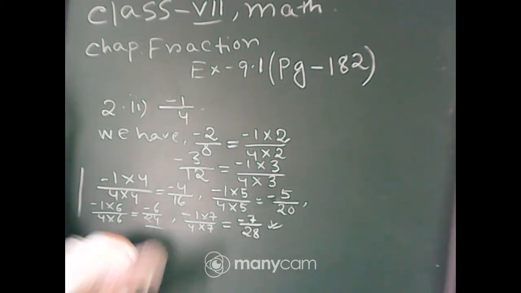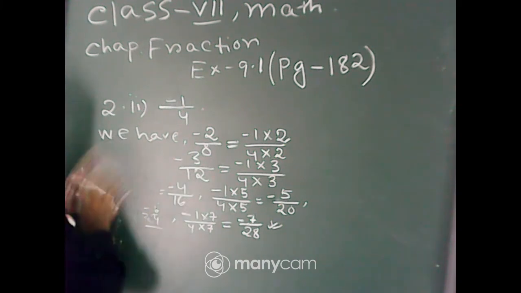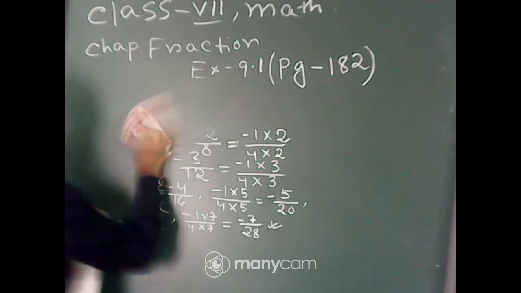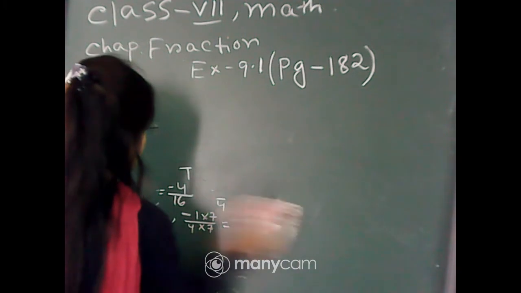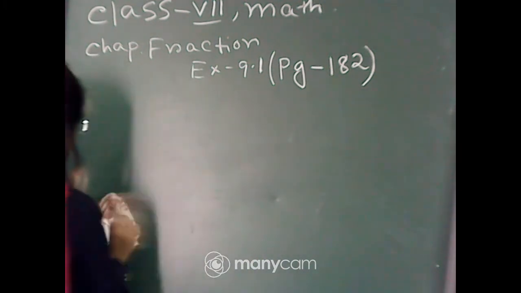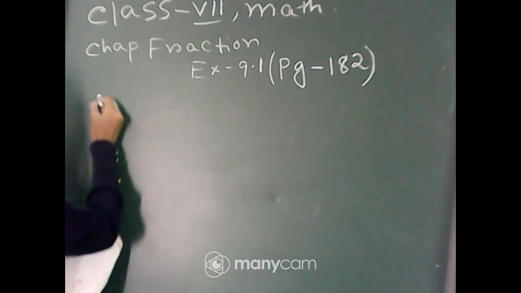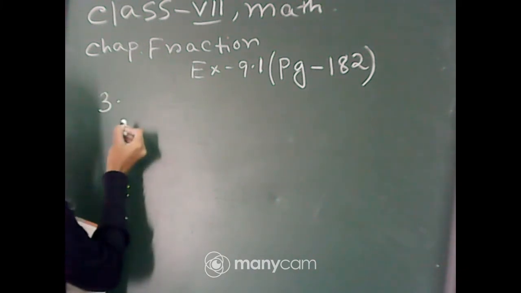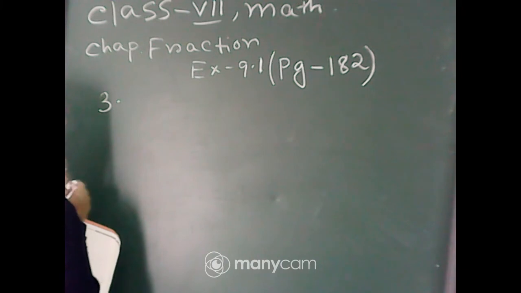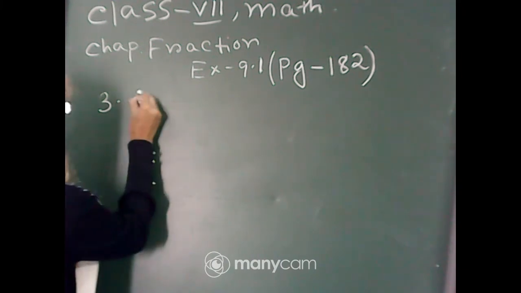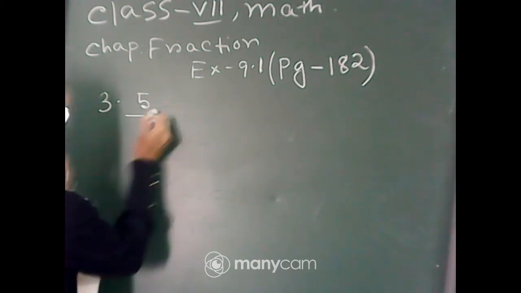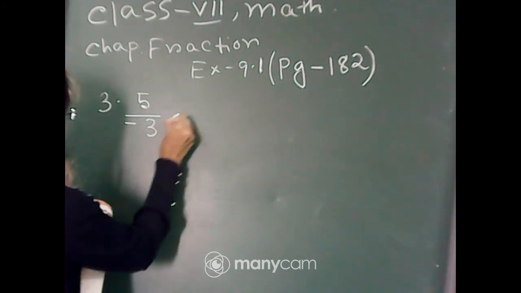Okay, then I remove the board. We have to find 4 rational numbers equivalent to 5 divided by minus 3.